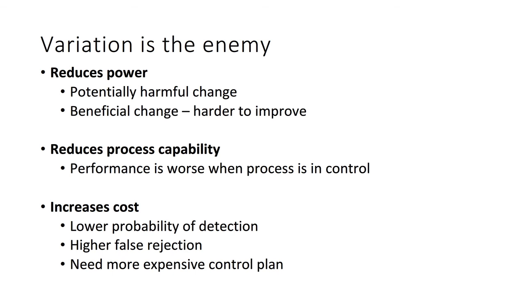This too increases costs. And finally, based on the no free lunch principle, power is expensive. As we saw in this video, we can increase power by increasing the sampling, but this is expensive. The point is that variation impairs quality, and that's why process improvement focuses on variance reduction. QC supplies information on variation that can be used to drive improvement.